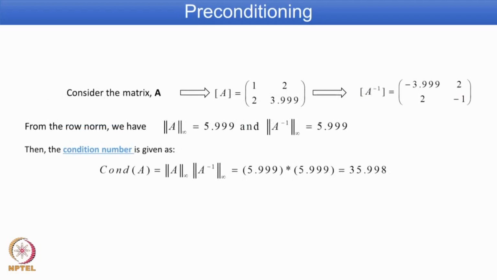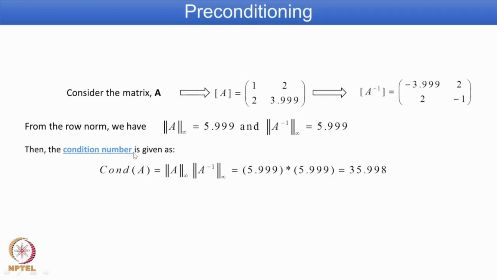Let us find out how to compute the condition number. For this we take another simplified example matrix. A has 1, 2, 2, 3.999. Now, the inverse of this is minus 3.999, 2, 2 and minus 1. So, we find the row sum norm of the original matrix 5.999 and the row sum norm of the inverse matrix as 5.999.